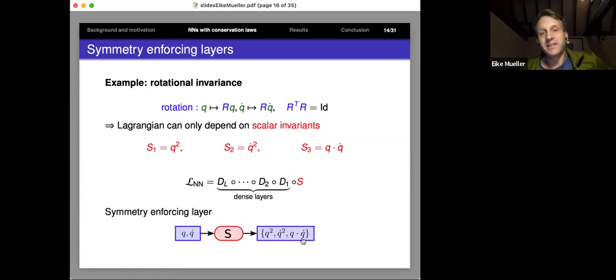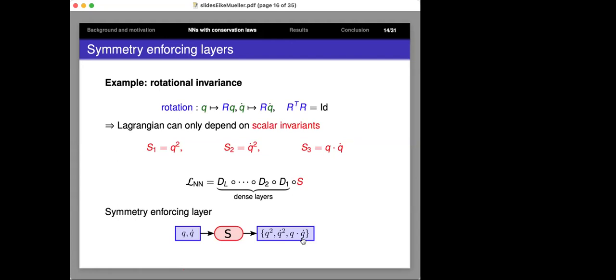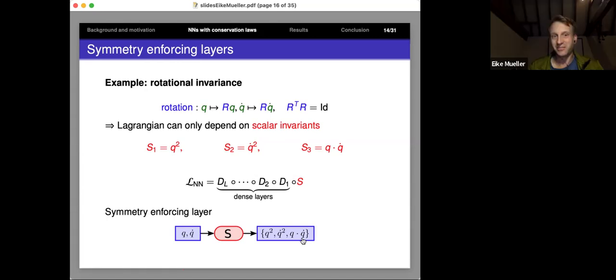Oh, that's maybe a bit confusing. It's not really a network. It's literally just a layer. It's literally just taking Q and Q dot and returning three other scalars. I see, okay, it's very simple. Yeah, there's nothing complicated going on there.